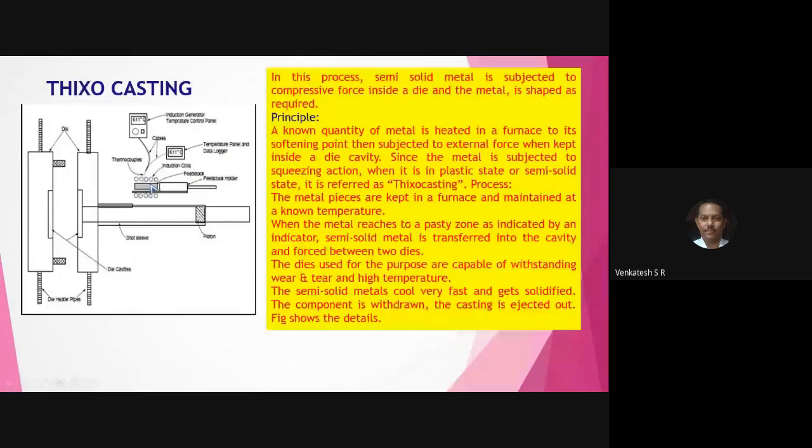At this temperature, the metal is in a semi-solid state, which is forced inside the die cavity through the piston, and the semi-solid metal of aluminum, bronze, or copper fills the mold cavity. After a certain period of time, usually 2 to 3 minutes, the casting is ready, and they remove the casting from the mold cavity. Write down Thixo casting.